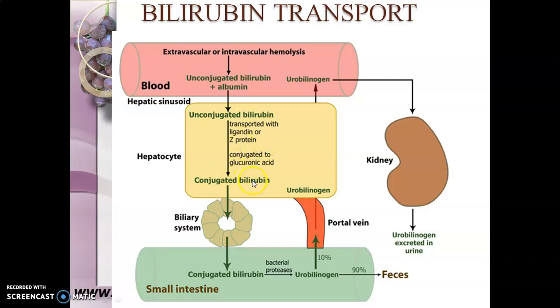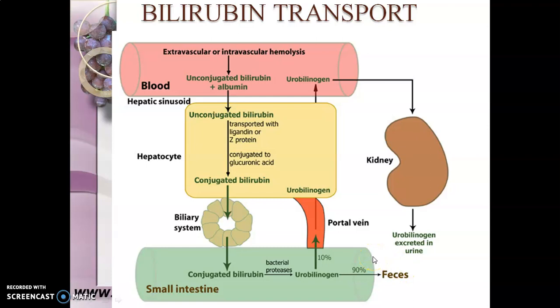This conjugated bilirubin is excreted, and this excretion is the rate limiting step of catabolism of heme, mediated by a multi-specific organic anion transporter, MOAT. The conjugated bilirubin excreted into the bile system reaches the small intestine, is acted upon by the bacterial enzyme, converted to urobilinogen, reduced to mesobilinogen, then stercobilin, and excreted in feces.